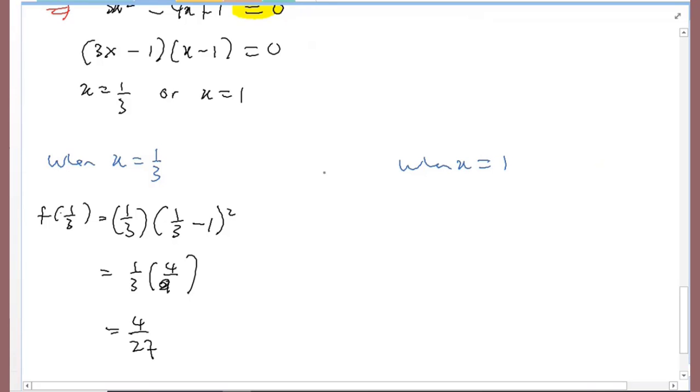And f of 1: 1 minus 1 is 0, so it is equal to 0.